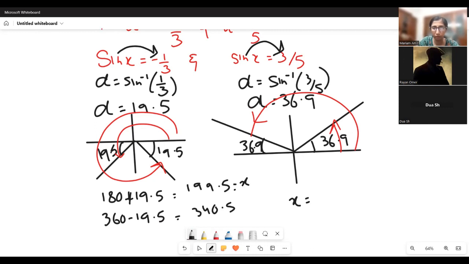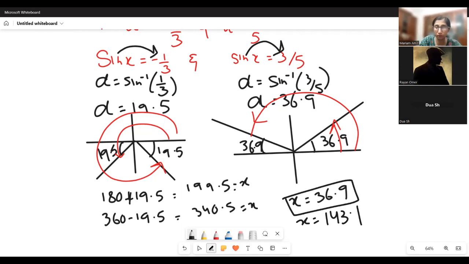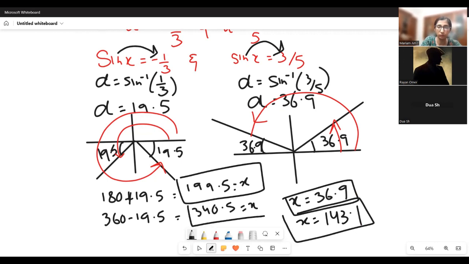These are also x. So x is 36.9 and 180 minus 36.9, which is 143.1. Yes. So these are the four answers to the equation given for solution.